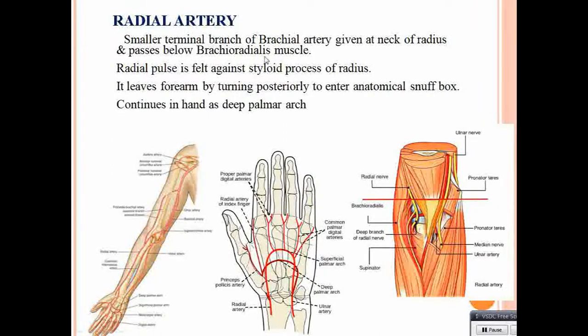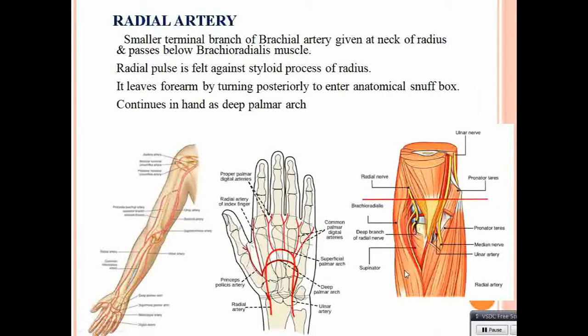And passes below brachioradialis muscle. That passes deep to the muscle brachioradialis. This muscle is brachioradialis. So somewhere here the radial artery passes. Here. This area. The brachial artery divides into radial and ulnar artery, and the radial artery lies below brachioradialis muscle.